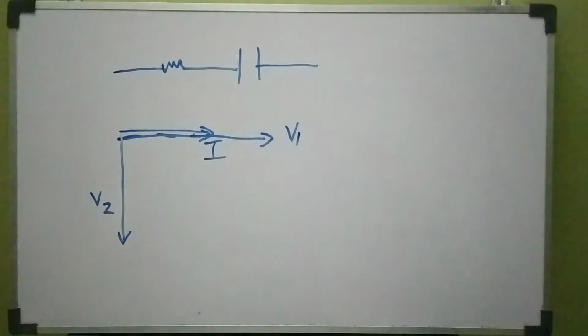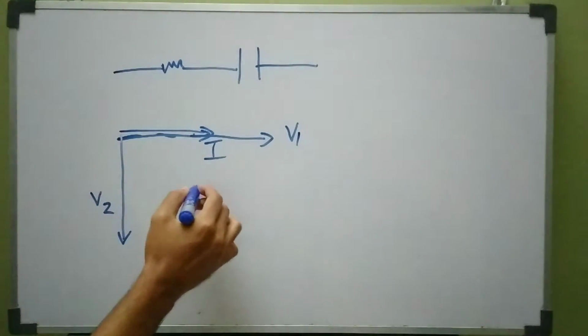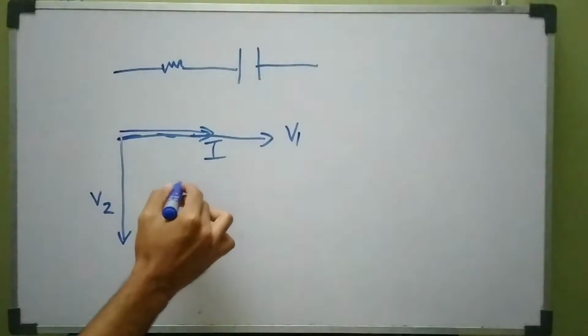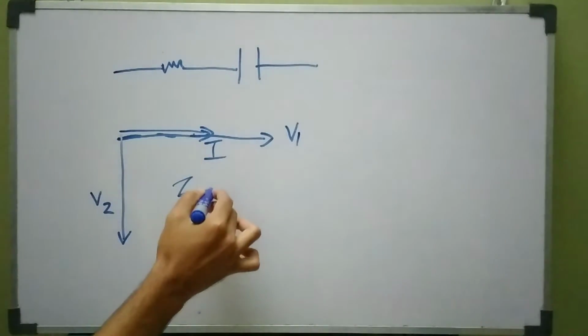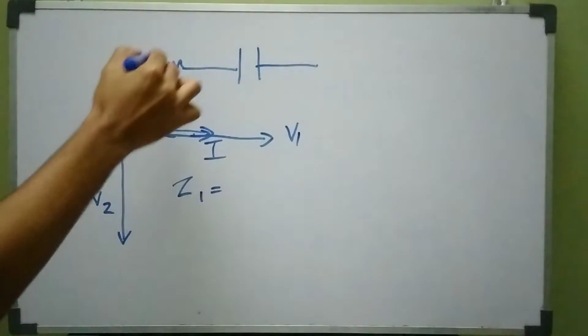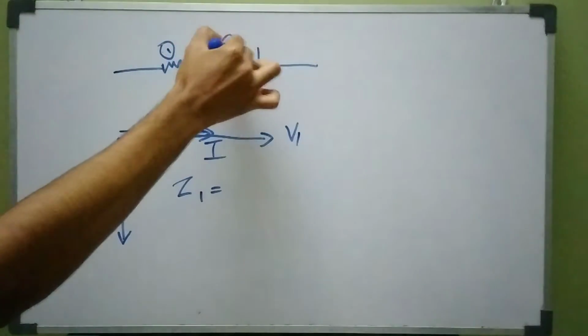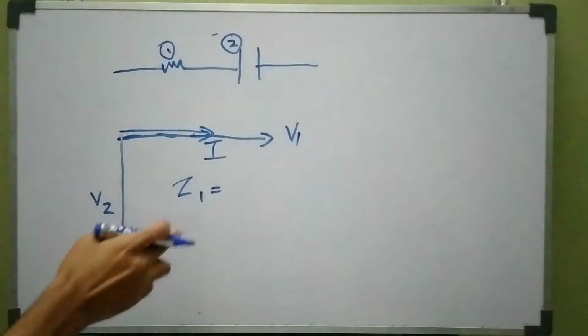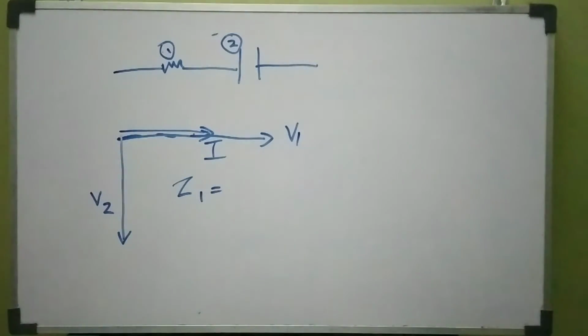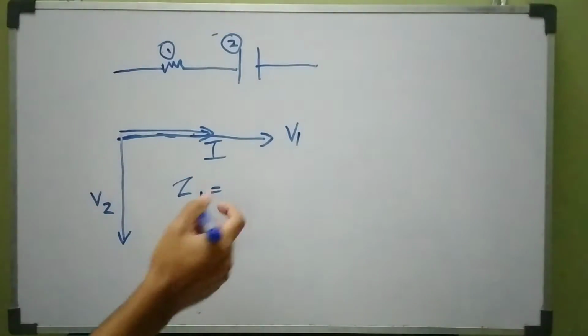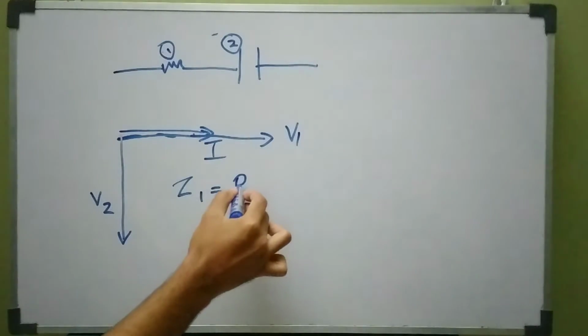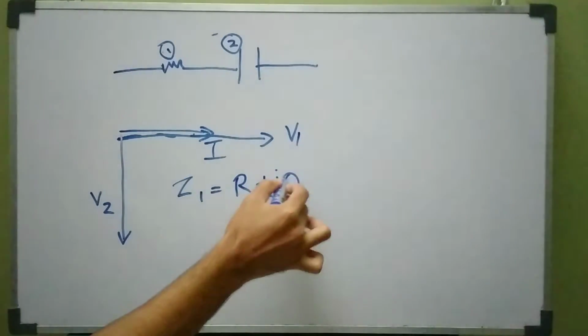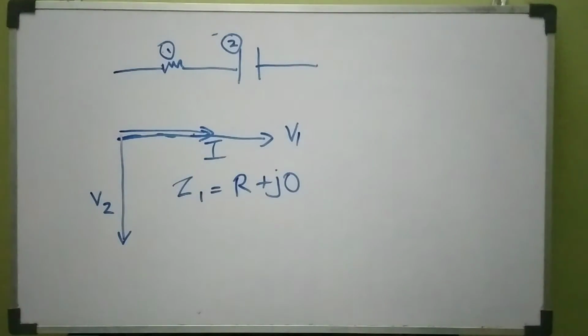So when we are considering Z, the impedance, I'm going to take this as circuit element 1 and this as circuit element 2. When we are considering the impedance of the first element, the resistance, the imaginary part, which means the reactance, would be 0, as it only contains the resistance part.